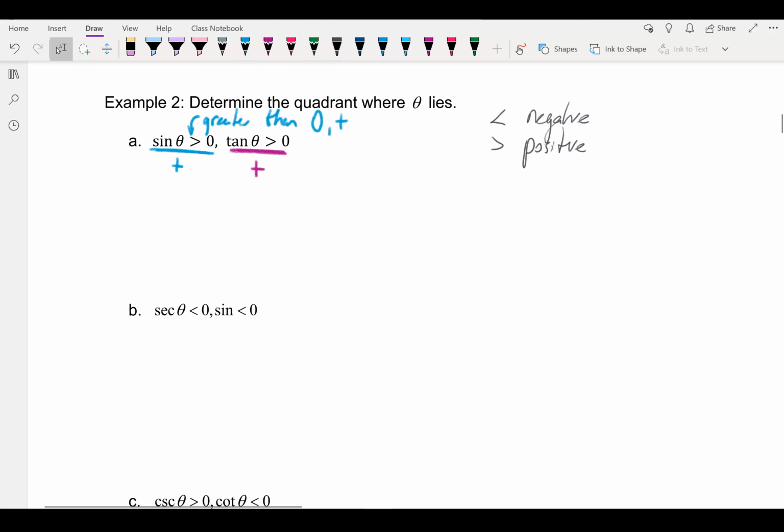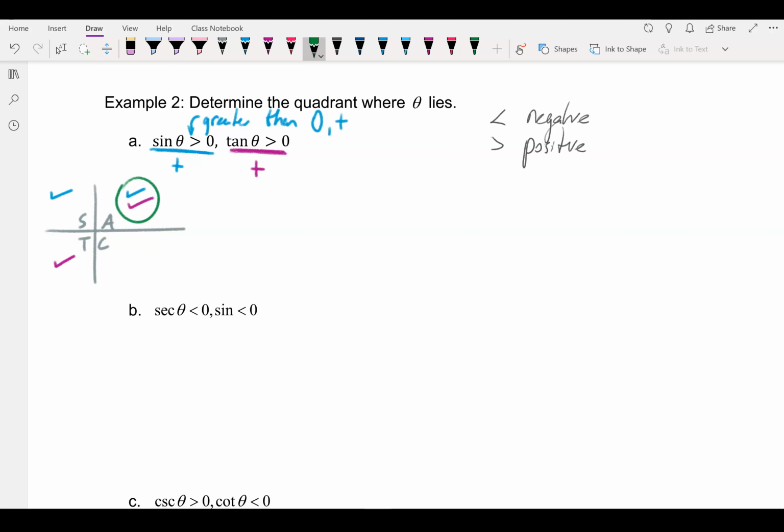How are we going to do this? Well, I like to make a sketch. Make your little sketch. You know you have C-A-S-T, CAST. Those are where everything's positive. Sine, what are we given? We know that sine is greater than 0. So sine is greater than 0 here and here. Tan, on the other hand, is greater than 0 here and here. And the quadrant that we're looking for must be where they overlap, because both of these things are true.